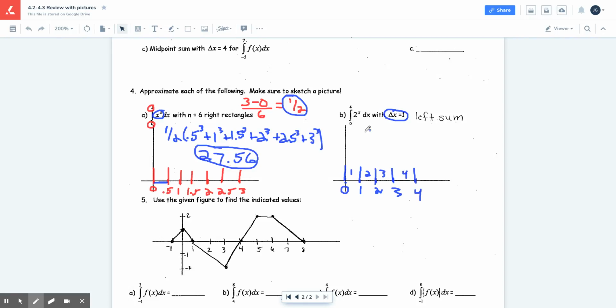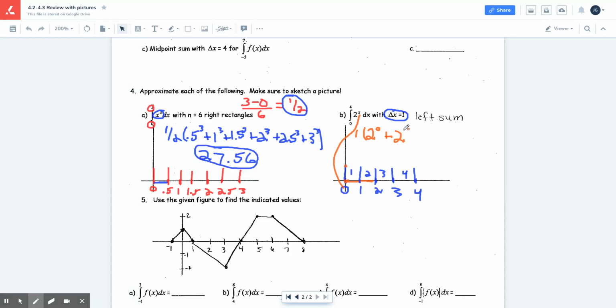All right, so our delta x goes on the outside. All right, so we have 1. Then to get our heights, it's a left sum. So in my first rectangle here, 0 is the left. So I got to figure out what this height is. To do that, you plug 0 into that x. So I get 2 to the 0 plus, same thing here. I plug in 1 at the left side.